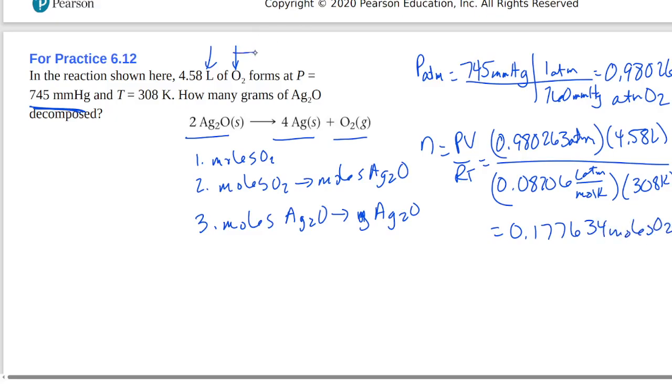So we were given enough information here to find moles of O2.